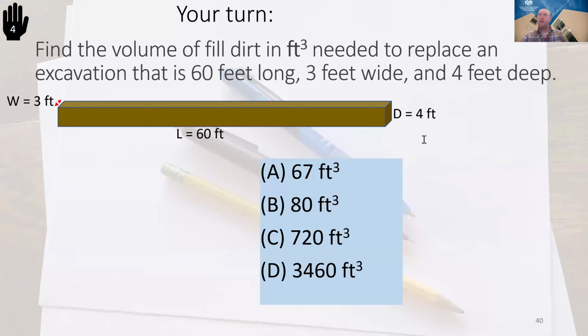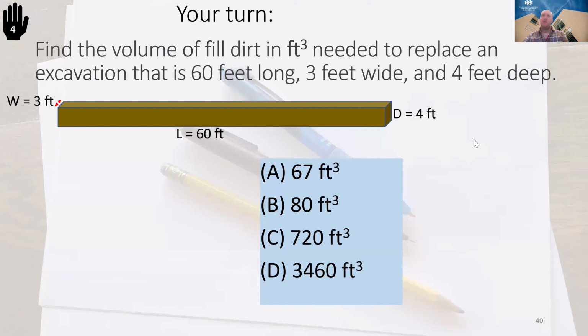So put in your answer now if you haven't. All right, and pretty much everybody said C, 720 feet. So nice job. All right, so I'm going to stop sharing that one and we're going to go over this.